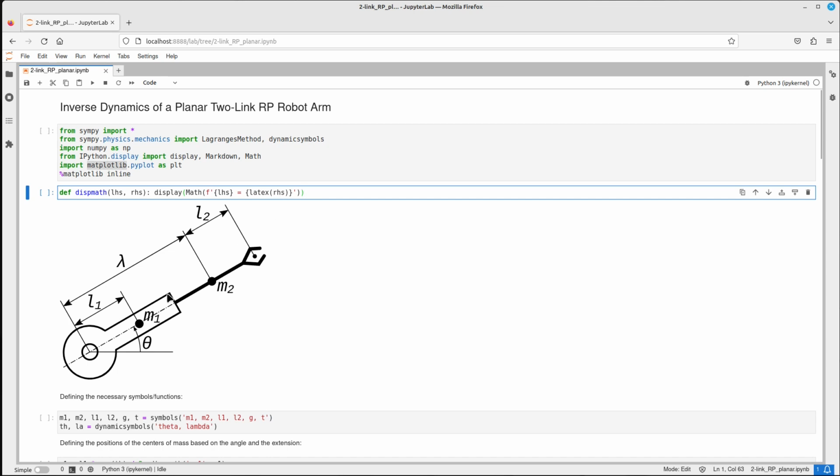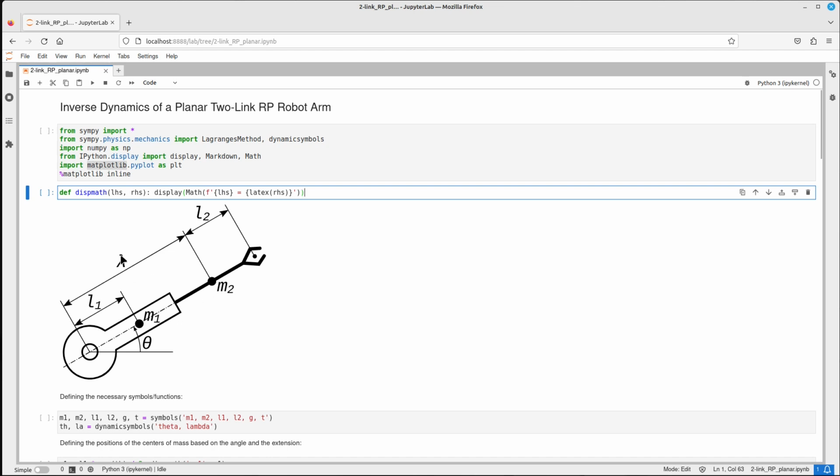Okay, so here we have the kinematic scheme of our structure. As I said before, we have rotation, we have translation here. We also have two centers of mass, and they're located somewhere halfway along the first link and also the second link.